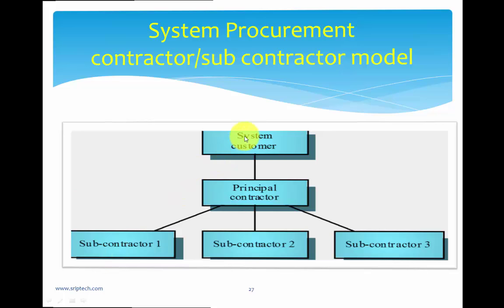So as a system customer, I'll only be talking to the principal contractor. The principal contractor will be responsible for subcontracting that particular job to various other subcontractors for building that subsystem. Or the other way around, as a system customer, I will have an approved list of subcontractors, and the principal contractor has to choose one among them to implement that particular job.